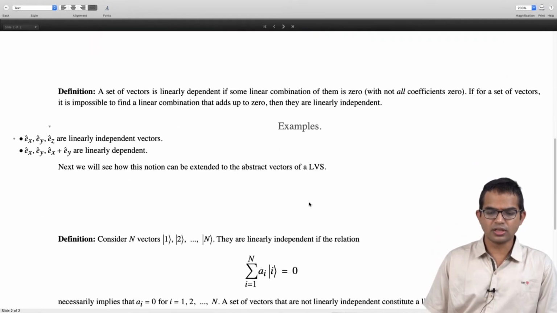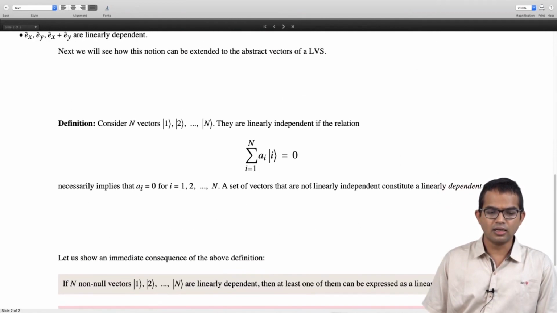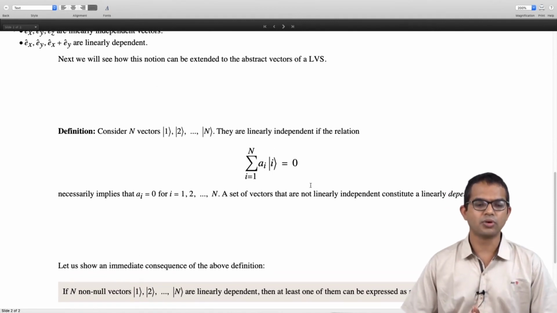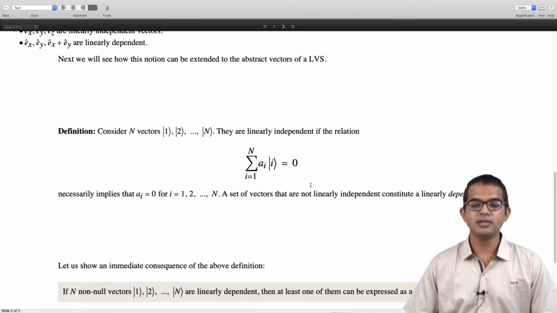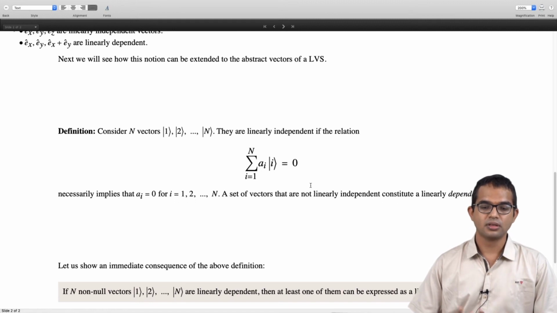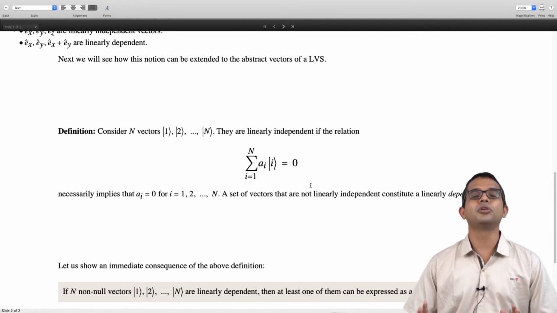So this notion can be extended to abstract linear vectors. So the definition is like what you would expect. Consider some n vectors, 1, 2, all the way up to n. They are linearly independent if the relation summation over i of some coefficient a_i times vector i equal to 0 necessarily implies that all these coefficients must be 0.